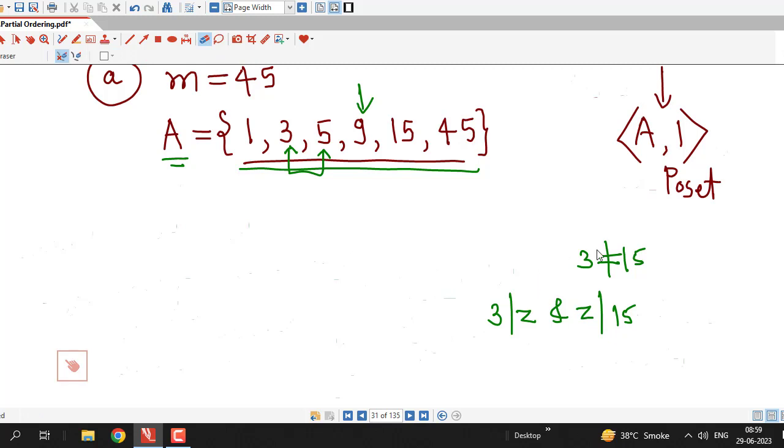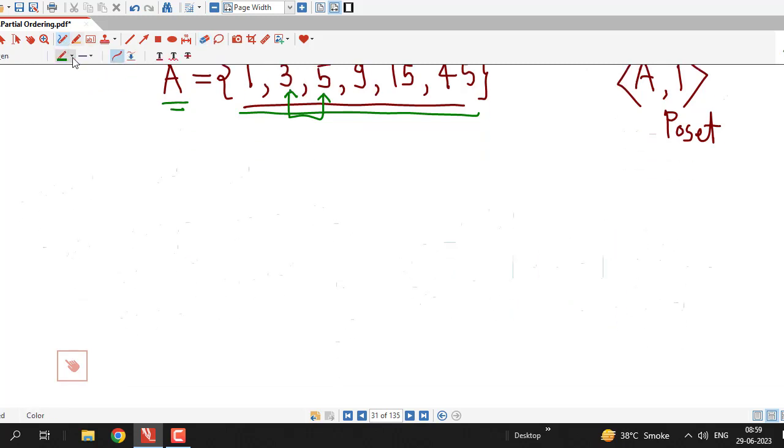So let's try to draw the Hasse diagram for this partially ordered set. So first at the bottom we will consider this circle for element 1, and covers of 1 are 3 and 5. So let me represent them by circles which are above 1. So here 1 is covered by 3 and 5, so I am joining this by line segments.